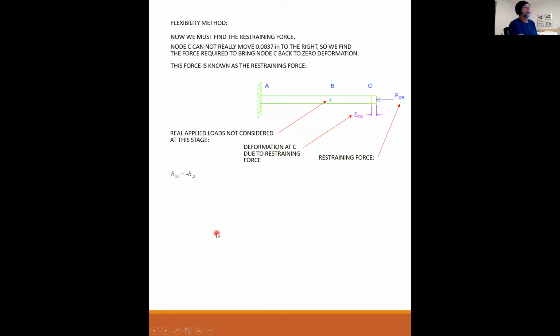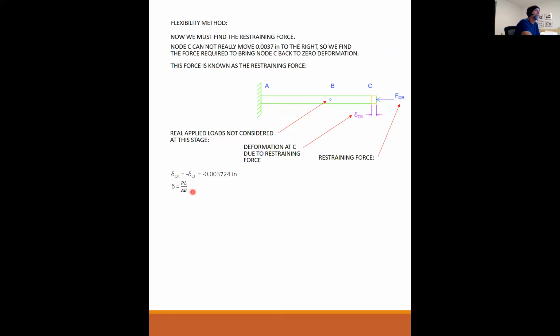Okay, so by definition, however far this thing stretched out when it was free, it now has to get squeezed back by the restraining force. And these two have to be exactly equal so that I get right back to 0. Okay, so my delta restraining is the negative of my delta when it was free. So delta restraining is minus 0.03724 inches.